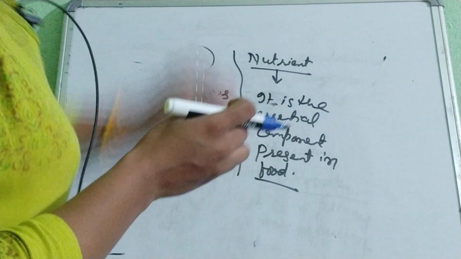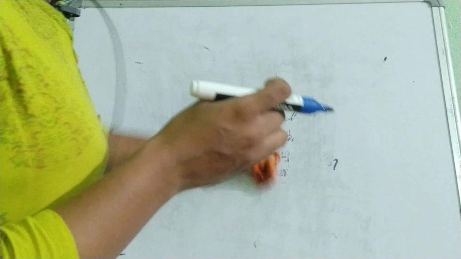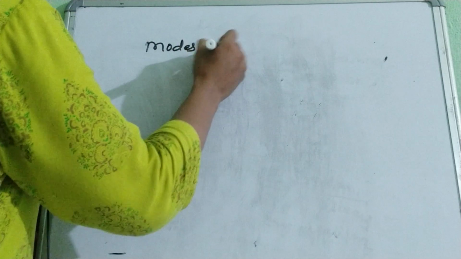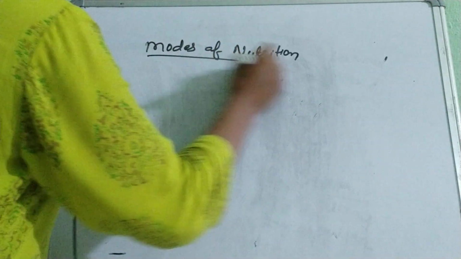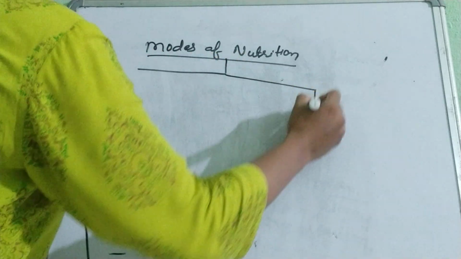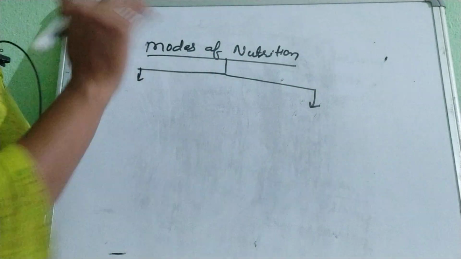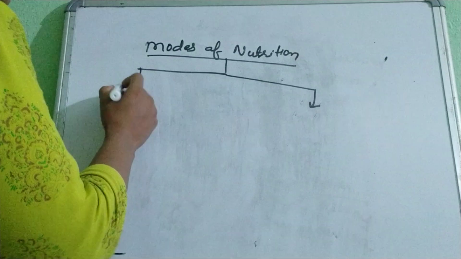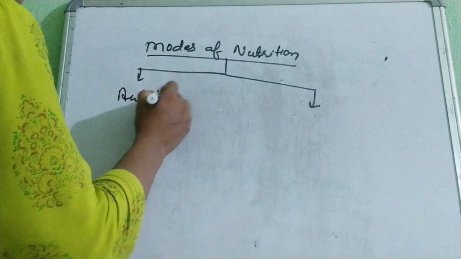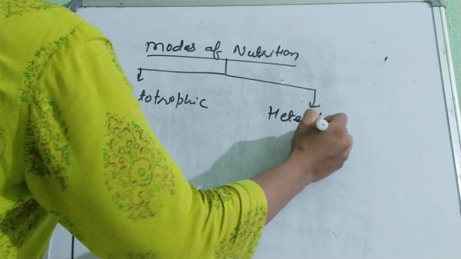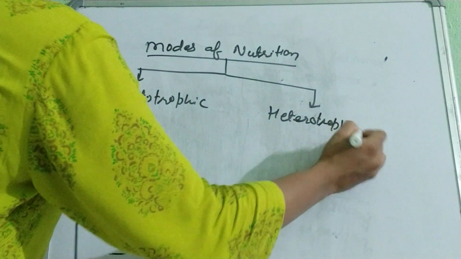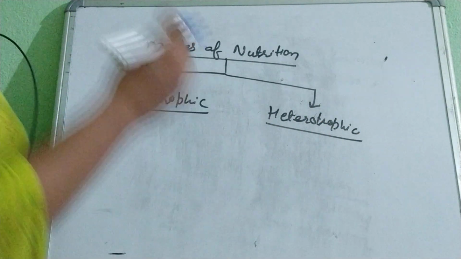One by one I will discuss all the different modes of nutrition. Clear? So there are two modes of nutrition: one is autotrophic, second is heterotrophic.